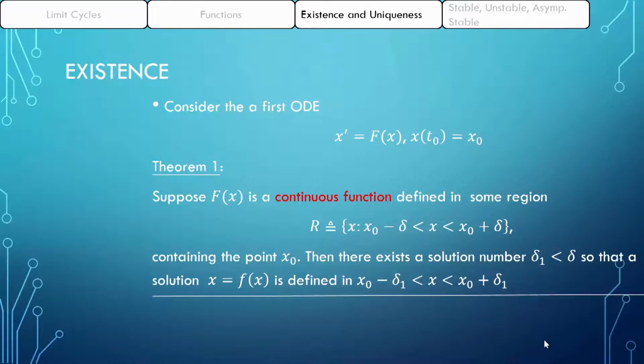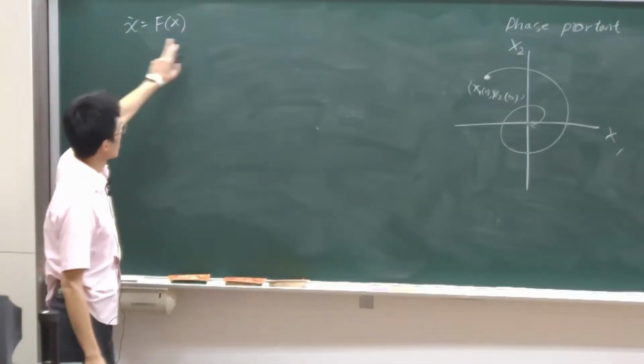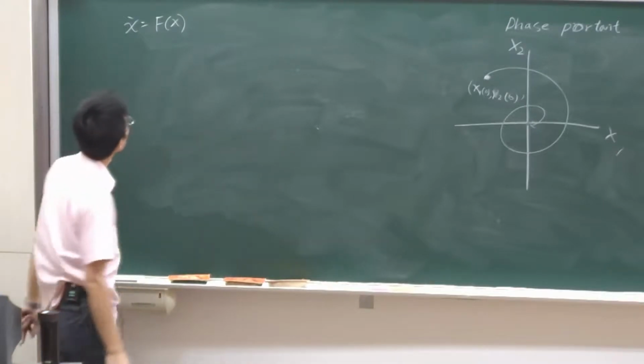So given this f, if f is a continuous function, defined in some region containing some point x0, then there will exist a solution. So what does this say? Given this, we should be able to have a phase portrait, right?